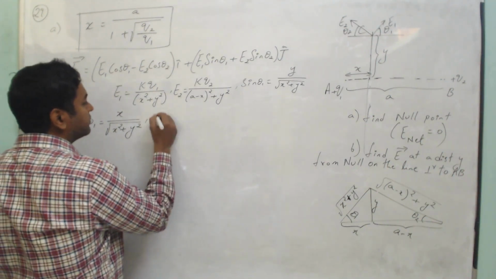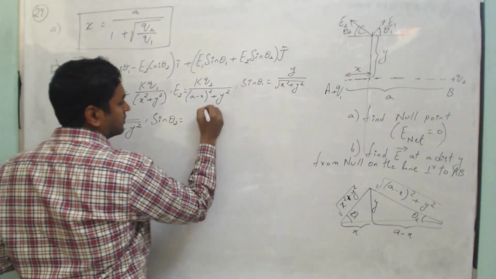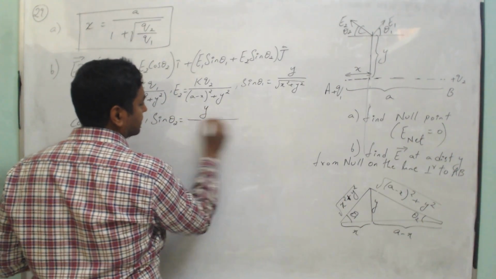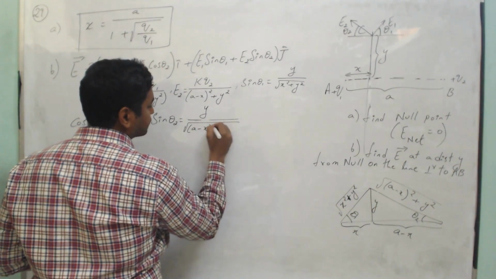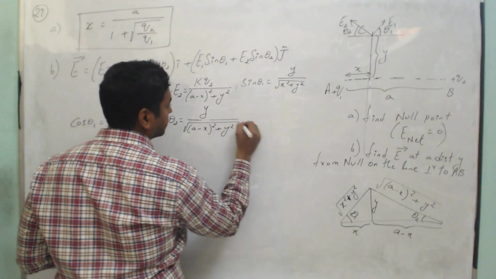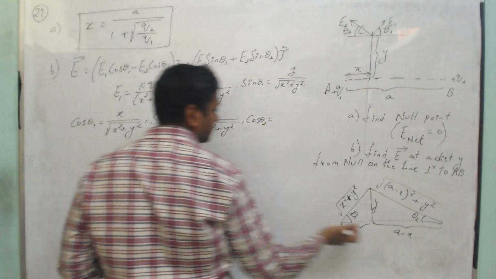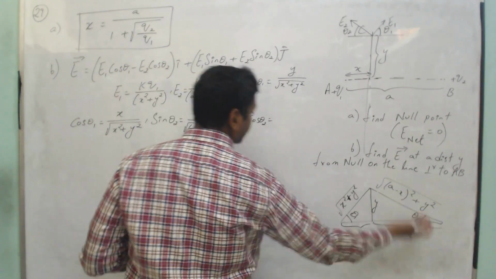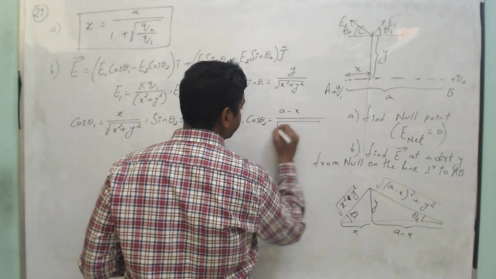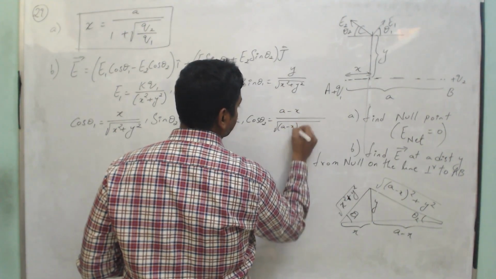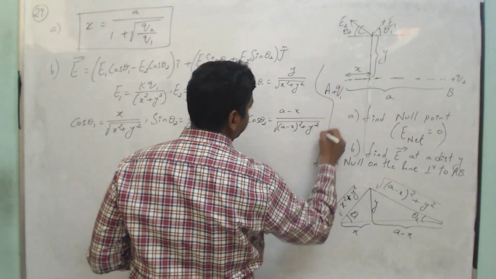Similarly, in the bigger triangle, sine theta 2 is y divided by square root of a minus x whole square plus y square, and cos theta 2 is equal to a minus x, adjacent, upon square root of a minus x whole square plus y square. Fine.